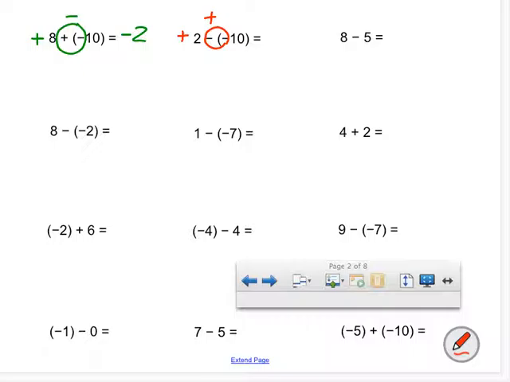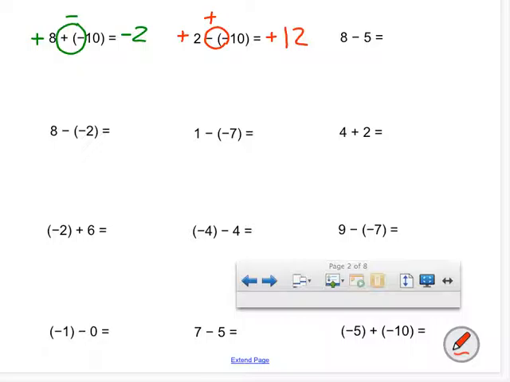Now, I'm adding this, I have add 2, add 10. Same signs, what are we going to do when we have same signs? We're going to add, so let's add our magnitudes. What's 2 and 10? 12. And what's the sign of my answer going to be? Positive.